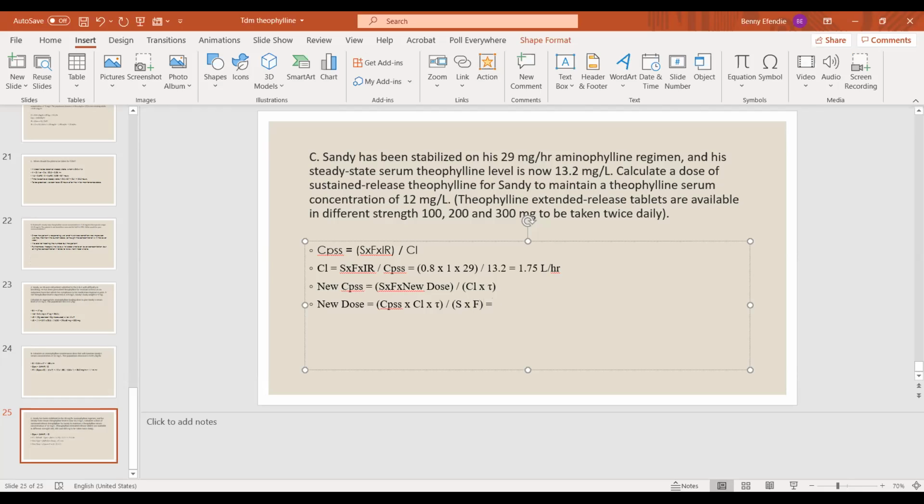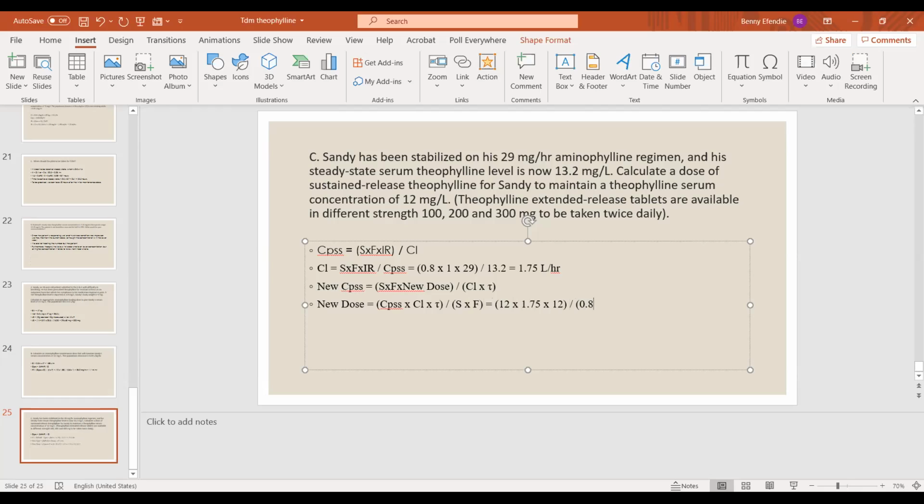So the CPSS we want is 12, times clearance 1.75, times tau. What is the tau? 12 hours. Divide by 0.8.